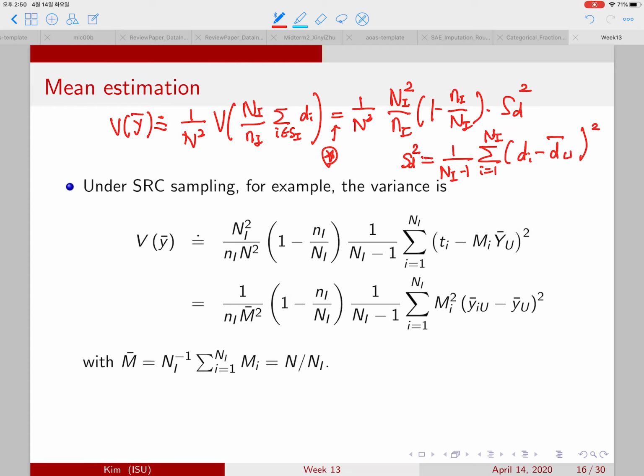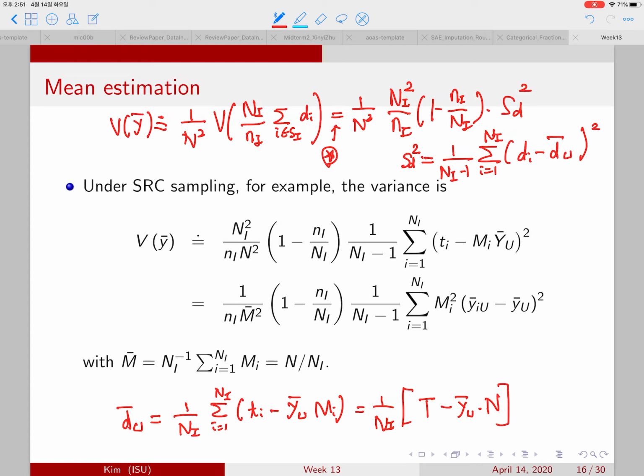So now d bar u is 1 over N, summation i equal to 1 to capital N of di, which is ti minus y bar u mi. So that is 1 over N, t minus y bar u times M, if you apply the summation. So that is exactly equal to 0. So this part is 0.